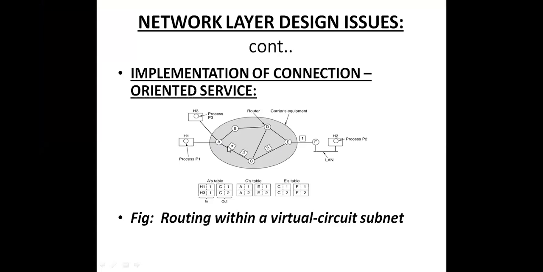There are 4 packets, 1, 2, 3, 4. If you observe here, all the 4 packets are following the same route. That means once we establish the setup or connection, all the packets will be forwarded using the same route, the same connection.